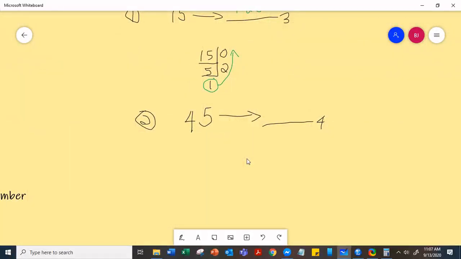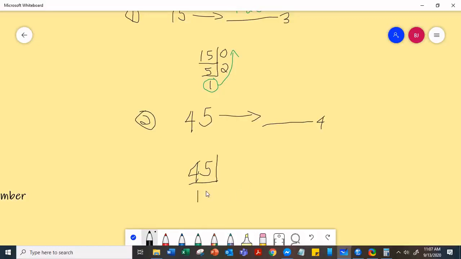So how do we convert 45 to base 4? Same method, but instead of dividing by 3, we divide by 4, and get the quotient and the remainder. Remainder here, quotient here. So 45 divided by 4 is 11, remainder 1. 11 divided by 4 is 2, remainder 3.